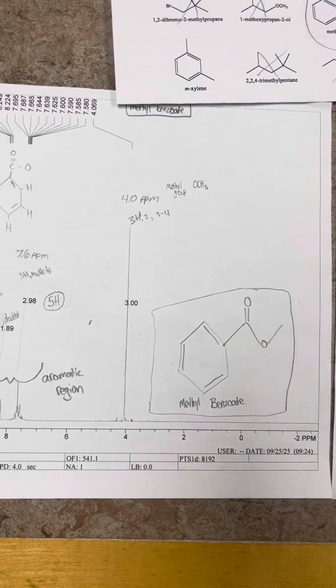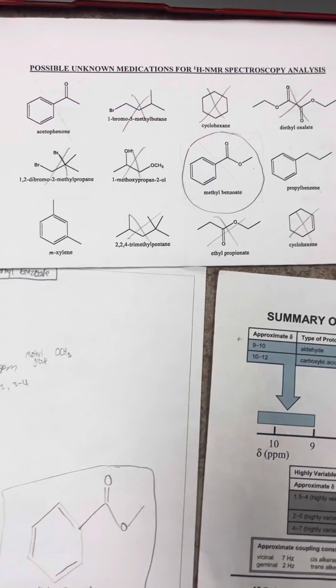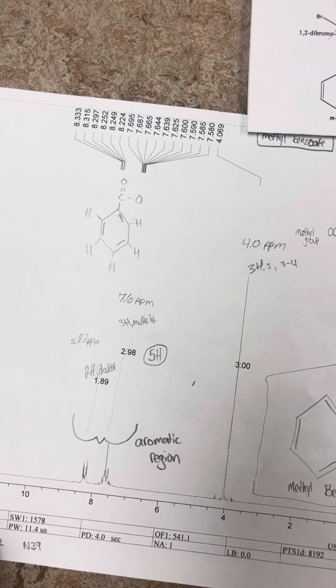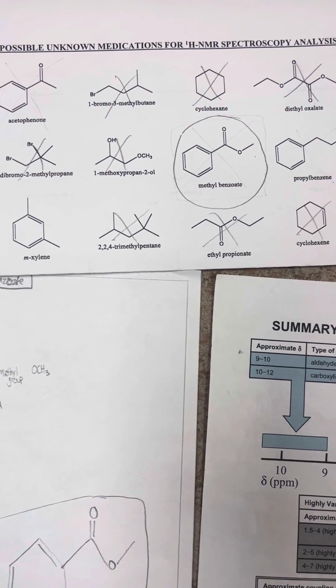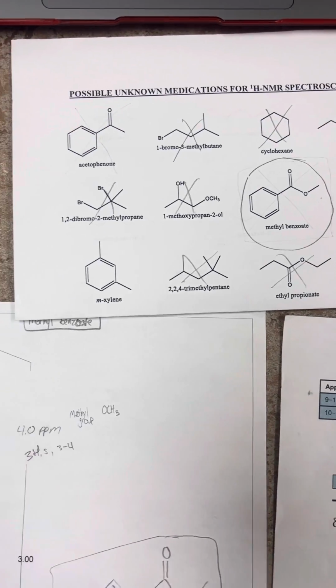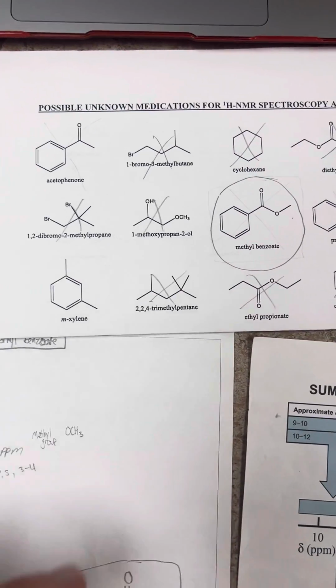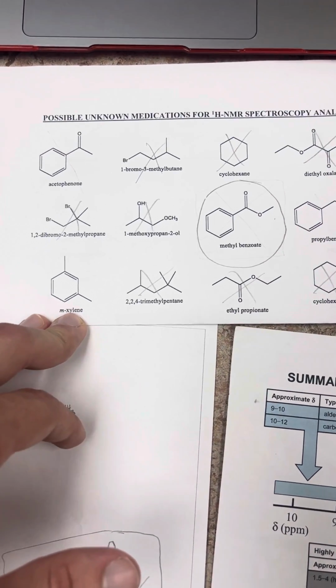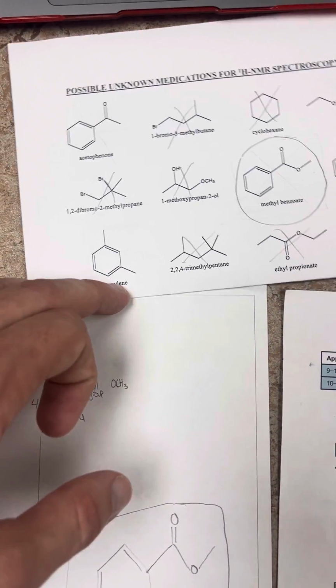Our final identification. So we know we have our singlet here and our aromatic ring. Our final thing is to identify which unknown ours is. It will not be this because it does not have a double bond or an oxygen on it.